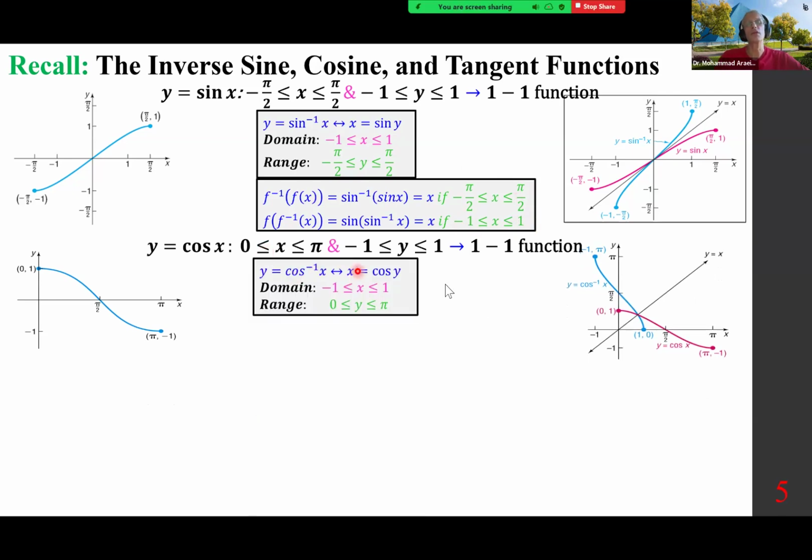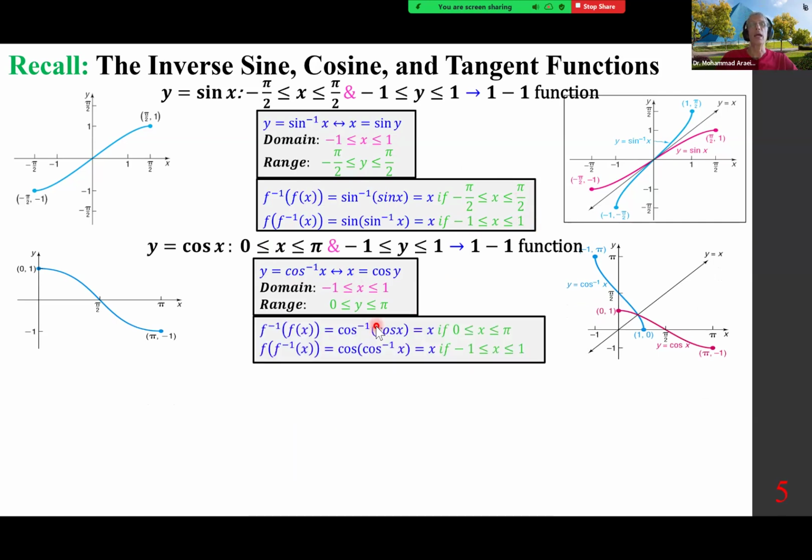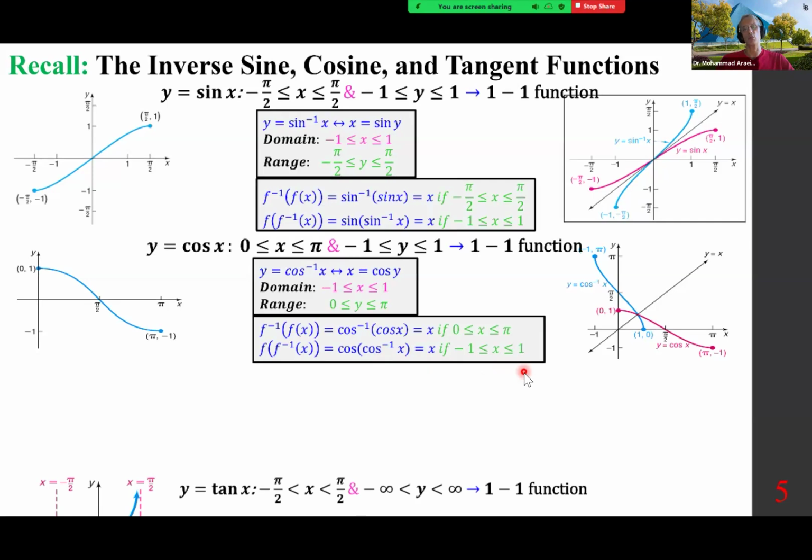And therefore, cosine inverse is created with the domain being negative 1 to 1, range being 0 to pi, and their composite function becomes x. In this case, the second one is cosine x, so x belongs to the domain of cosine here between 0 and pi. Over here, x belongs to the domain of cosine inverse from negative 1 to 1.